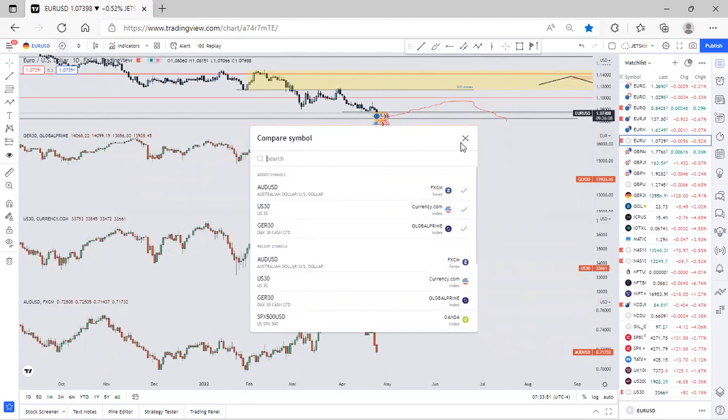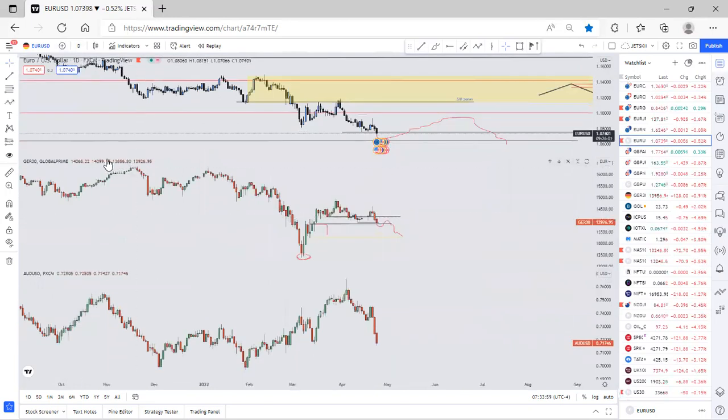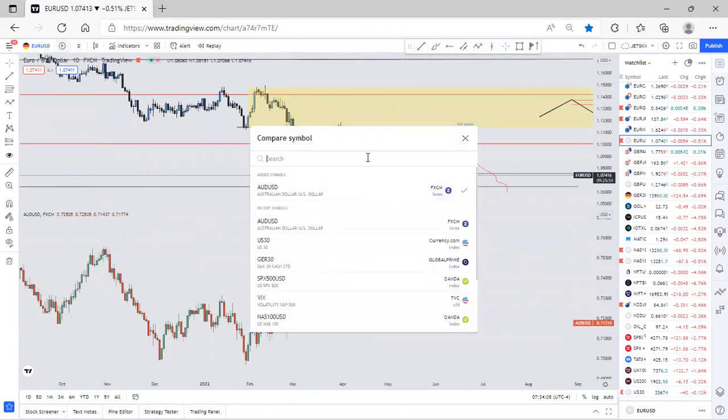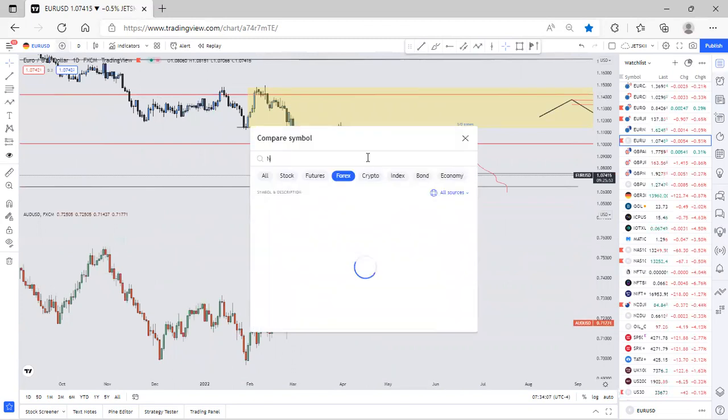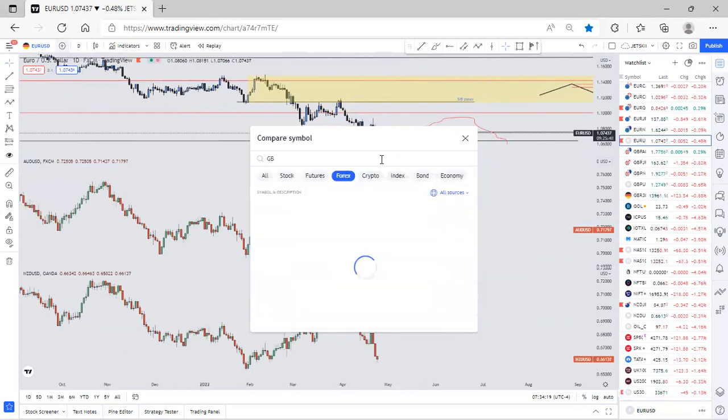Okay, let me remove this one. German. Then we can add NZD USD, and do we really need to add the GBP?